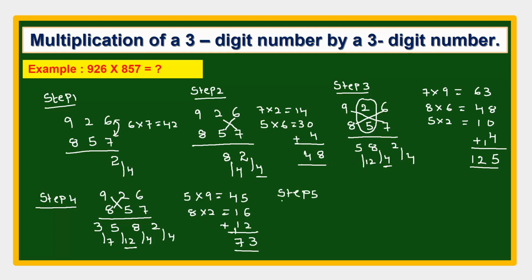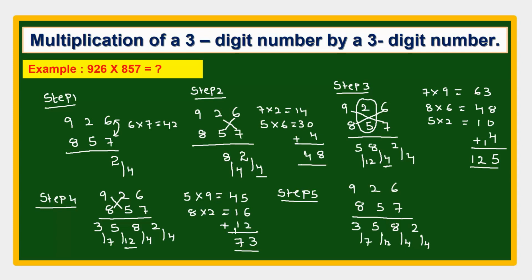Step 5. 926, 857. Right. So the answer we got after performing 4 steps is 3582 and carry forward 4 here and 4 here and 12 here and 7 here. Right.